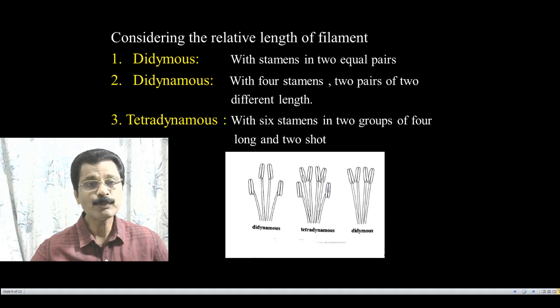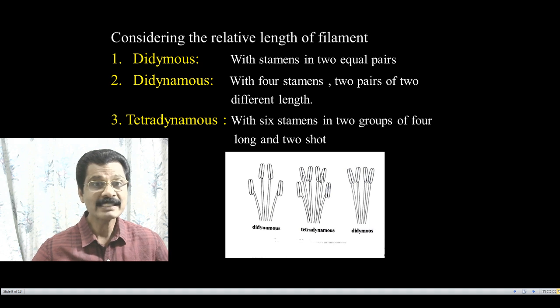Such an arrangement is called didynamous condition. That is, it depends upon the relative length of filament. Then tetradynamous condition. Of the 6 stamens, 4 stamens are longer and 2 stamens are shorter. This type of arrangement is called tetradynamous condition.